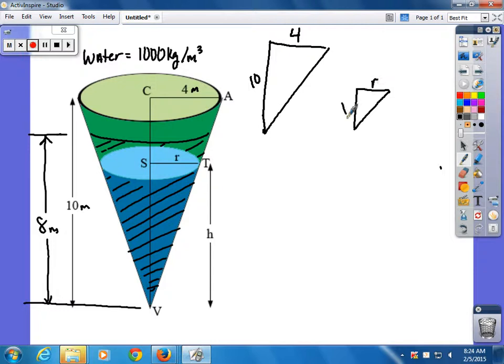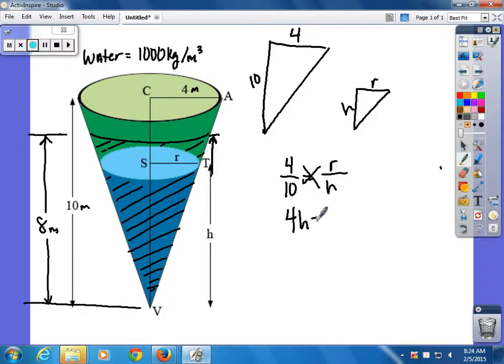H. And that H goes right here. Hold on, what does that look like? Hold on, make it 8. So 4 over 10 is equal to R over H.